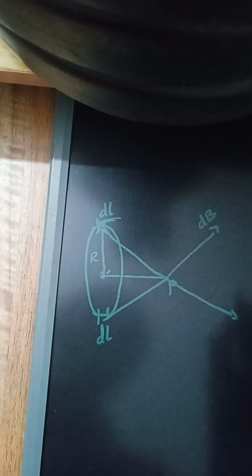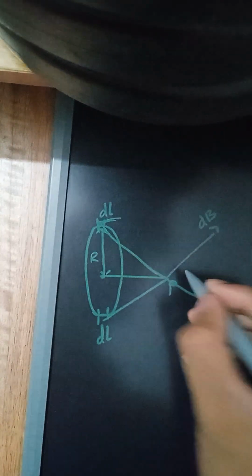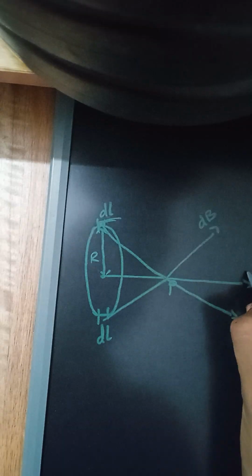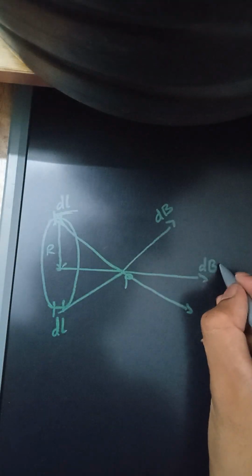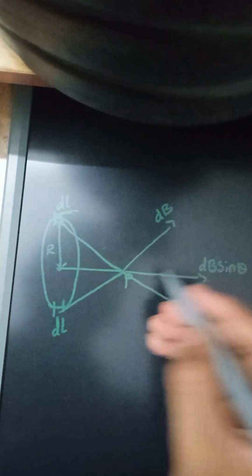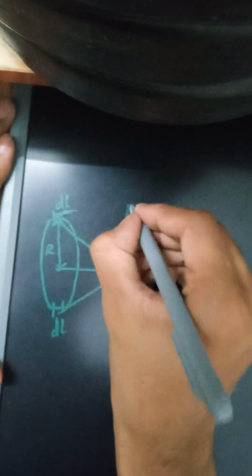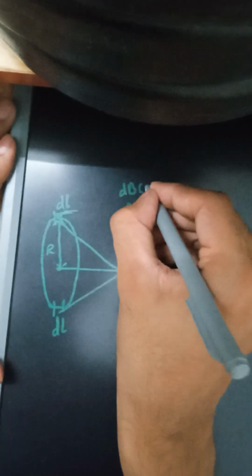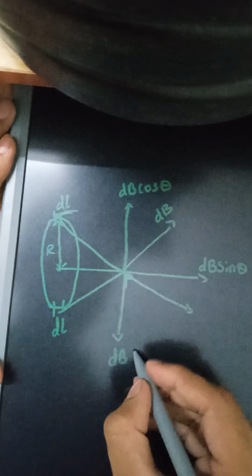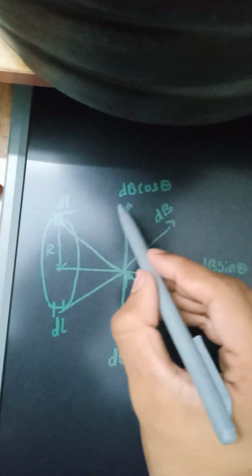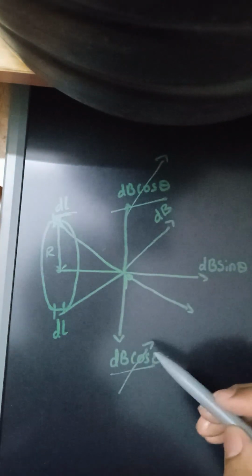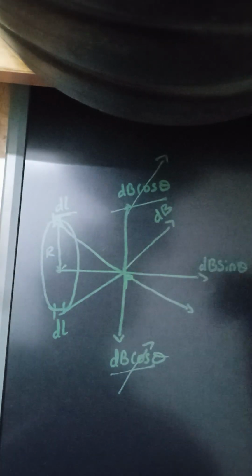If we resolve these vectors, we will be getting dB sin theta for this vector, and for this vector also dB sin theta, and for the cos theta we will be getting dB cos theta and dB cos theta. So this dB cos theta and this dB cos theta will be cancelled out because they are equal and opposite to each other.